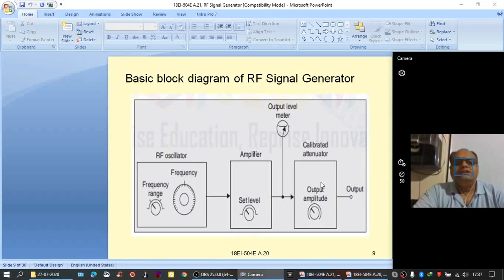Suppose the attenuator is set to another range, 1 millivolt to 10 millivolts. In that case, this amplifier should be adjusted to have the level as 1 millivolt. And that 1 millivolt, by adjusting the knob, we have to check here on the output level meter.